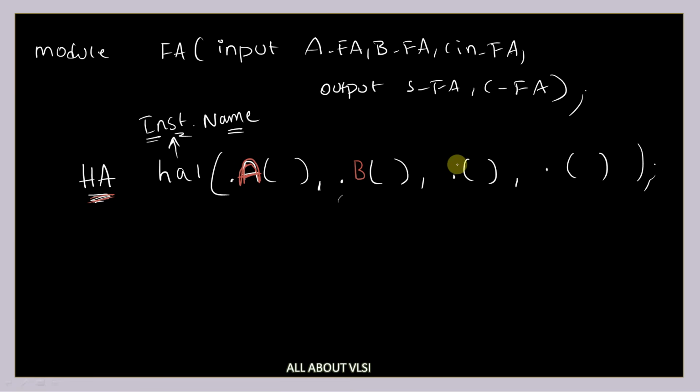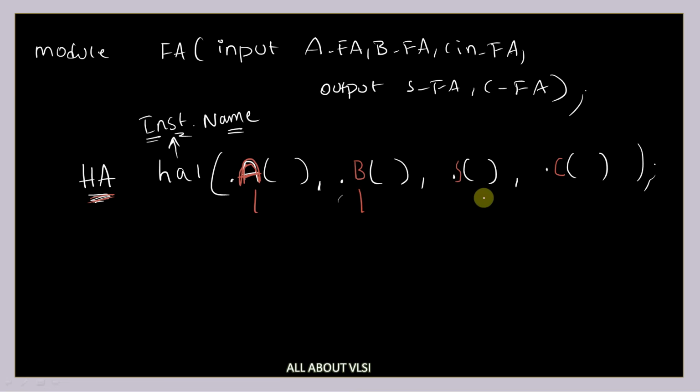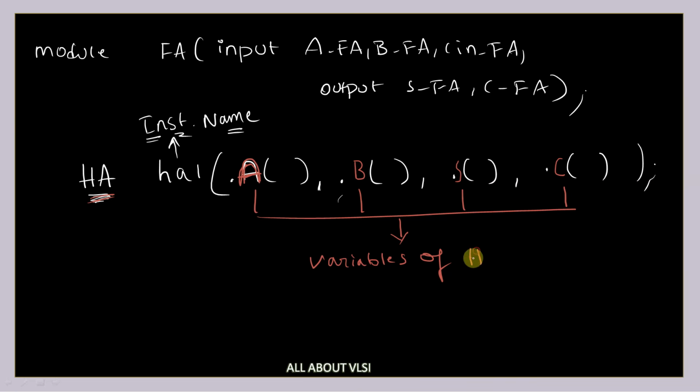S. Dot S and dot C. This is how you are going to mention. This A, this B, S and C, these are the variables of half adder.